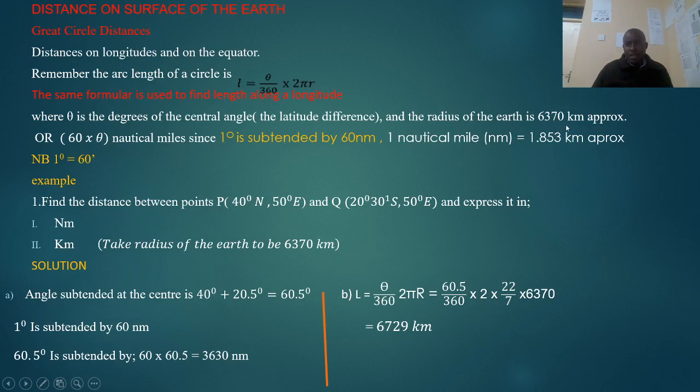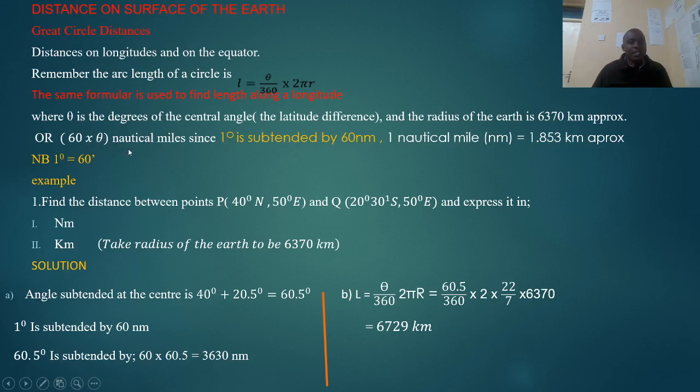Another formula that can be used, in nautical miles, is 60 times theta, where theta is the latitude difference in this case.